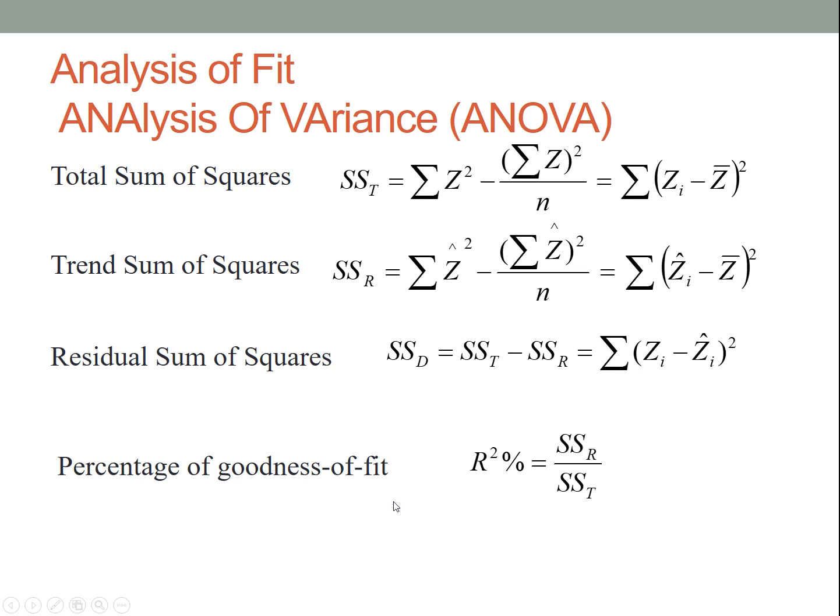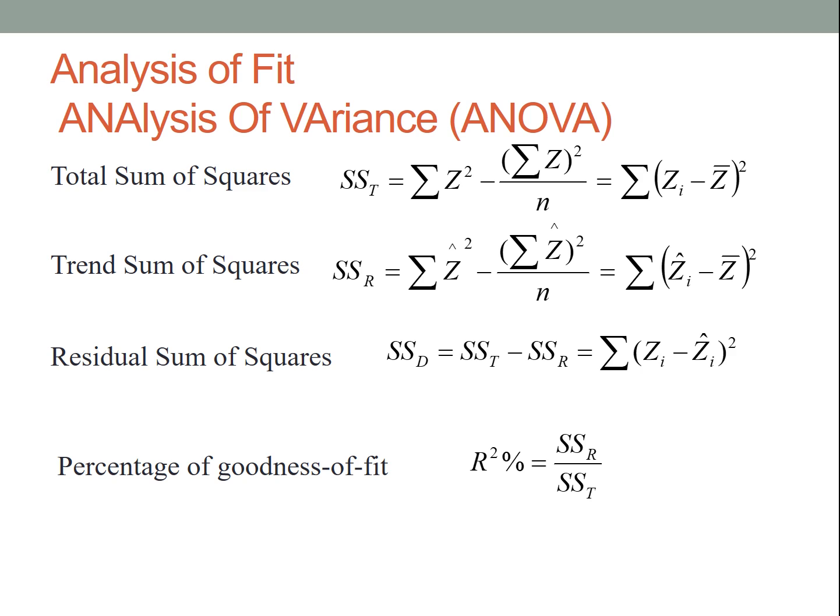Then I can calculate something called a goodness of fit. My goodness of fit is how well it fits together, percentage-wise. It's a measure of the trend versus the actual observed observations. If there's a high error in this, but this is actually a better representation, that is fed into the R-squared values. So it's only semi-helpful.